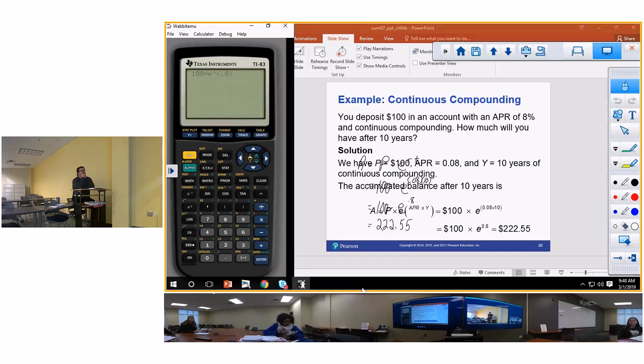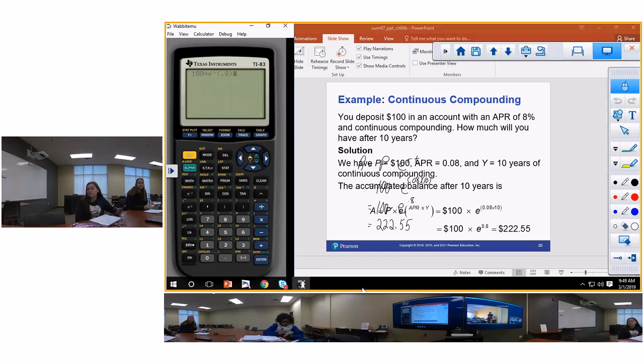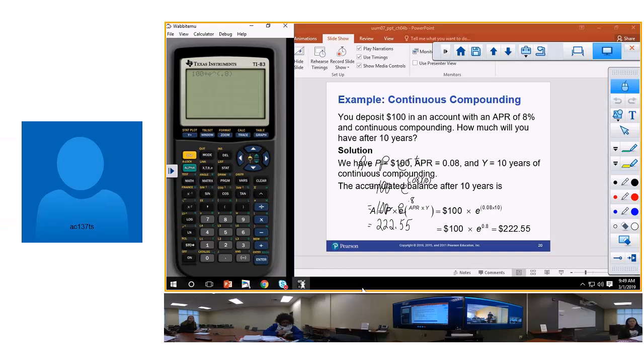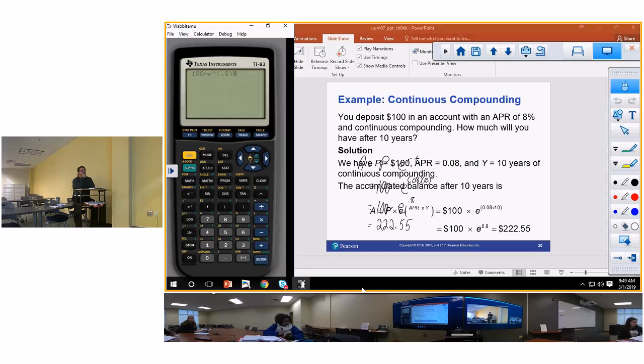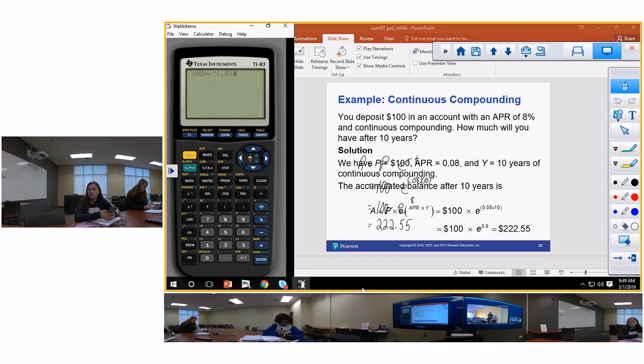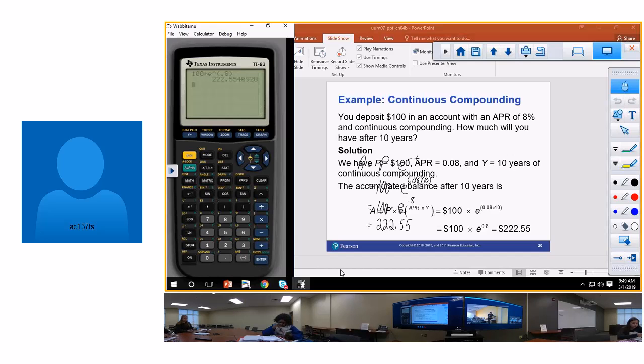I feel like a genius. 100 times E, which is second natural log, and then type in 0.8 and close parentheses, and hit enter. And you should get 222.55. Yes. Okay, make sure everybody can get that.